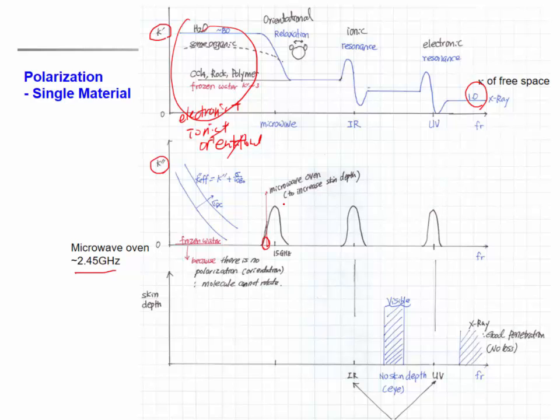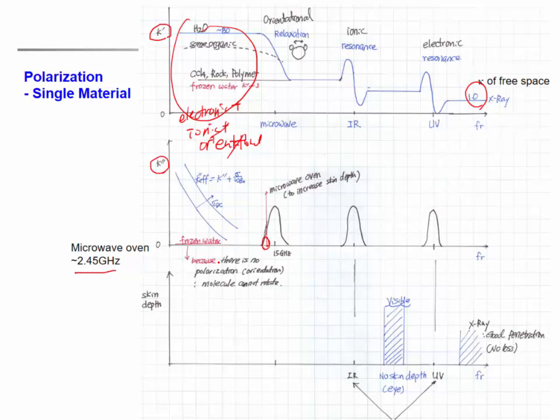So that you can warm up the food. But that's for free water. Frozen water will be different: ice in the water will have a different orientational relaxation frequency, so you have to use a different frequency to defrost the material. Right? So you have an option for normal food and frozen food.